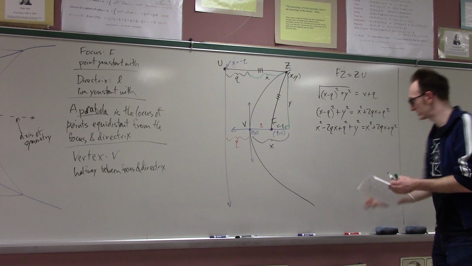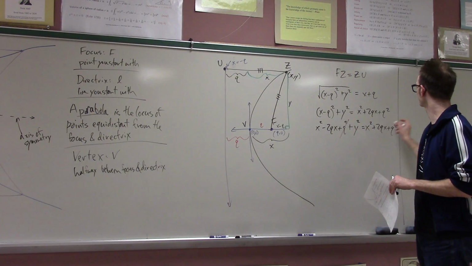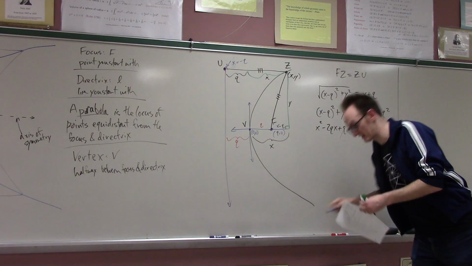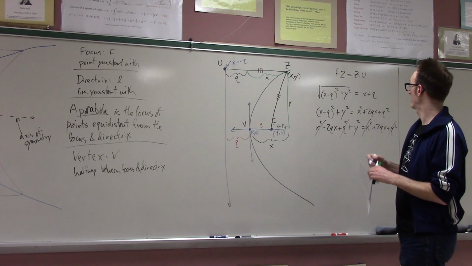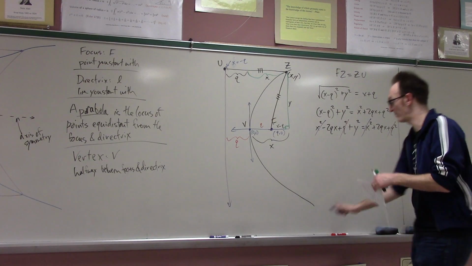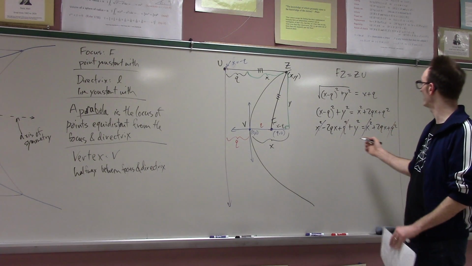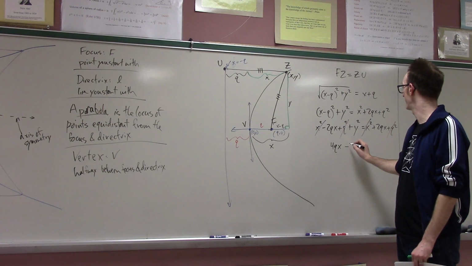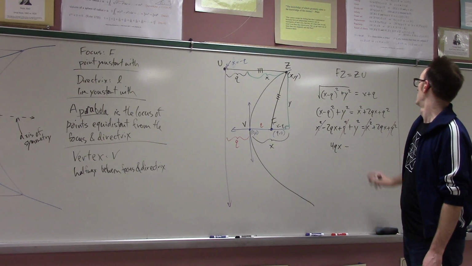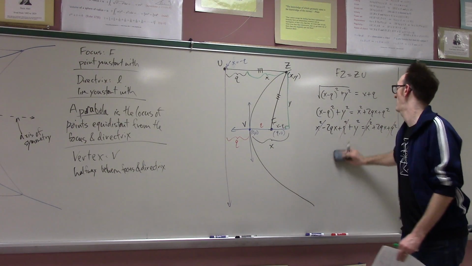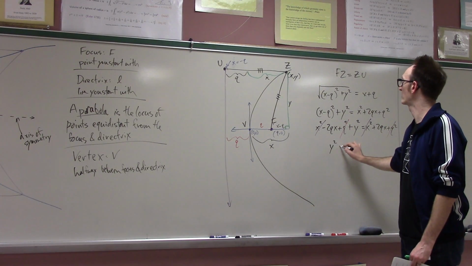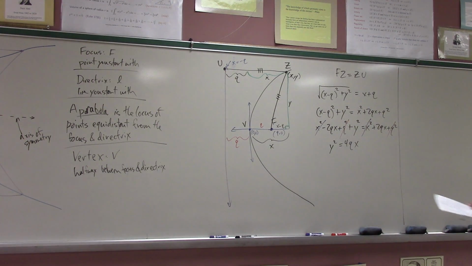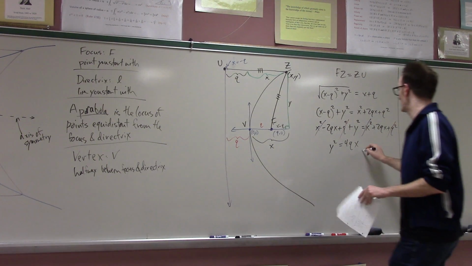The q squareds cancel, the x squareds cancel as well, and what we actually end up with, pretty much just in two lines, is y squared equals 4qx. Alright, and that's pretty much it.